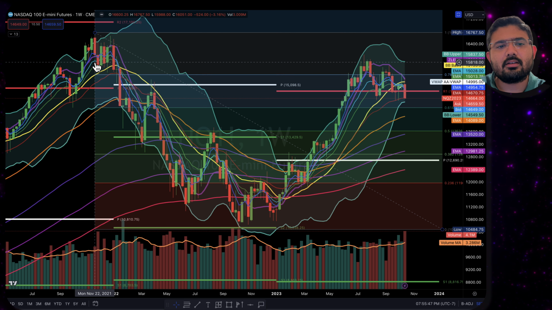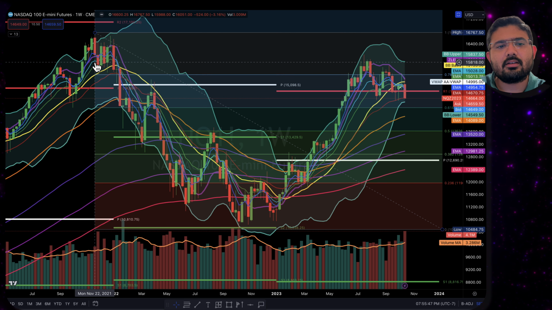So when I plot this level, what I am expecting to see is between the 0.618 and the 0.786, which is this zone, right? There is a lot of chop in this zone. Essentially, from June, we are just chopping around and consolidating on the weekly time frame basis.